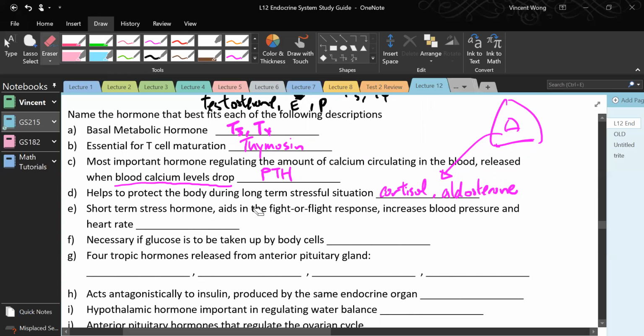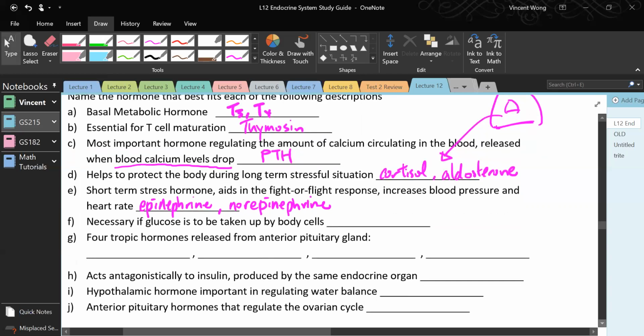Short-term stress hormone, which aids in the fight or flight response. So that would be things like epinephrine, right? Or norepinephrine, okay, which is from the inside. Okay, next one.